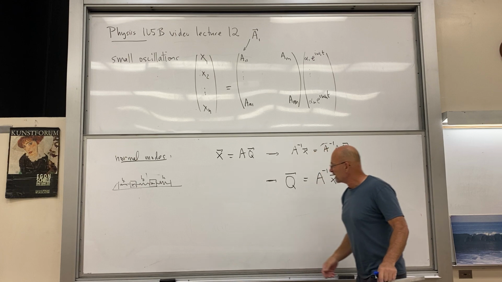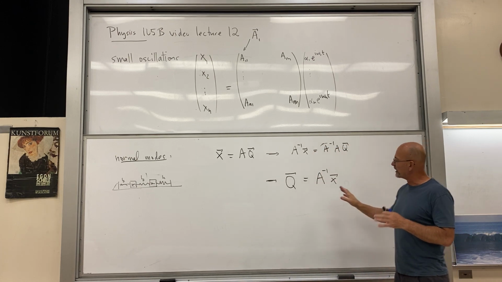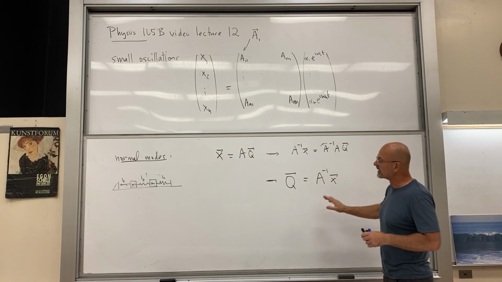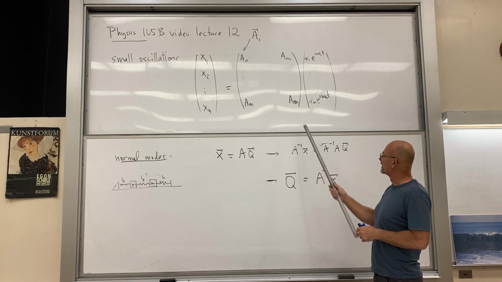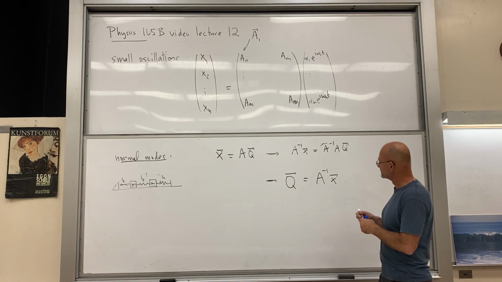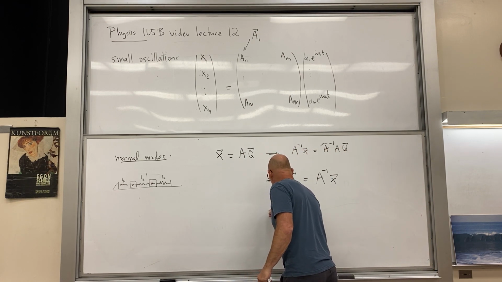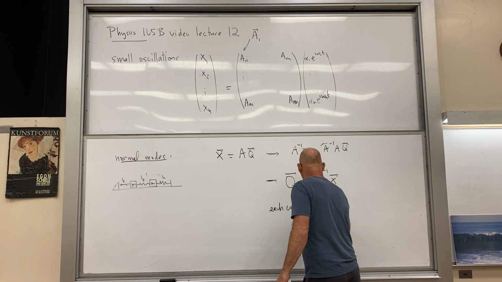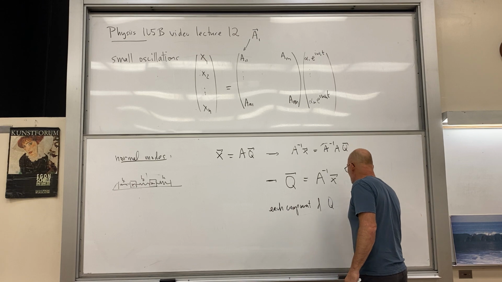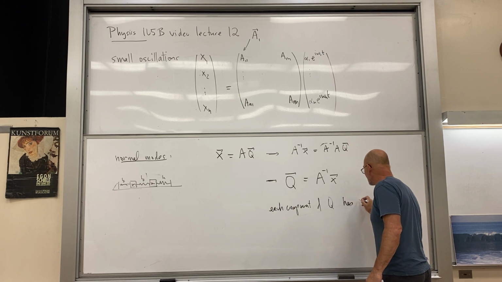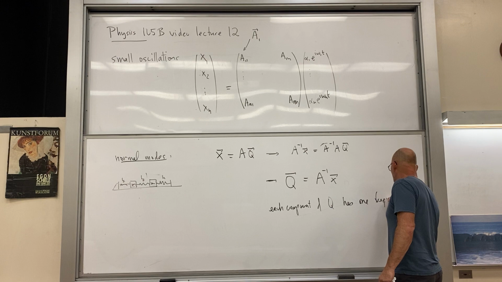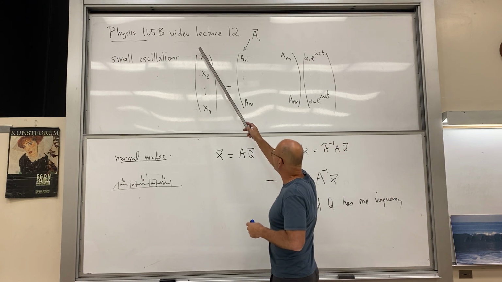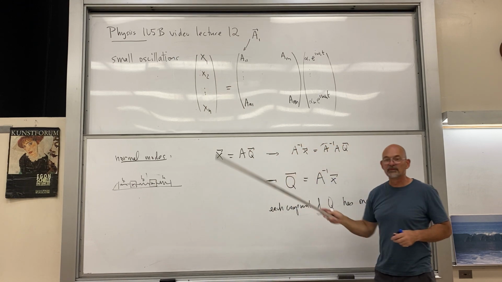Okay. So there's a lot more that can be said about normal modes, but at this point I want us to have seen it and understood it as a property of the eigenvectors, and the fact that, I'll put this in words, each component of Q has one frequency, each component of X has the full n frequencies.